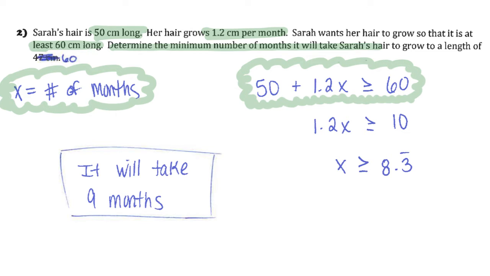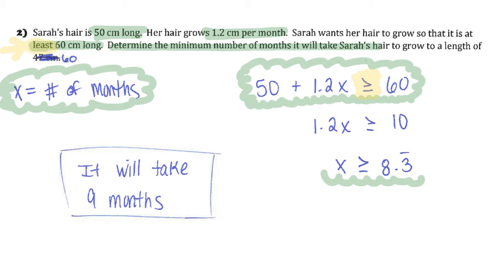So we want to make sure we have that inequality, and the big thing here is that inequality sign, greater than or equal, because they used the words at least 60. Now our solution comes out to be x is greater than or equal to 8 1/3, or 8.3 repeating.